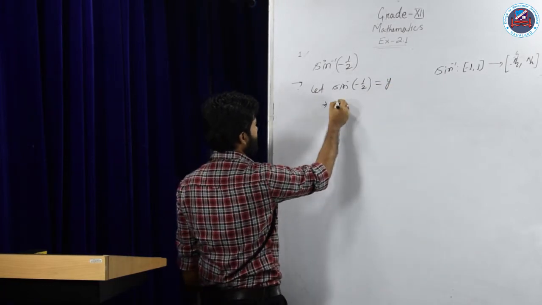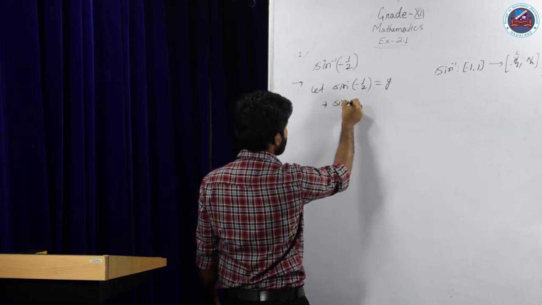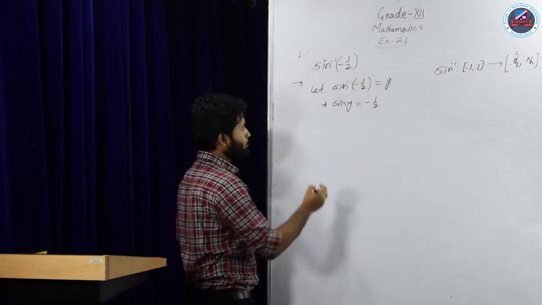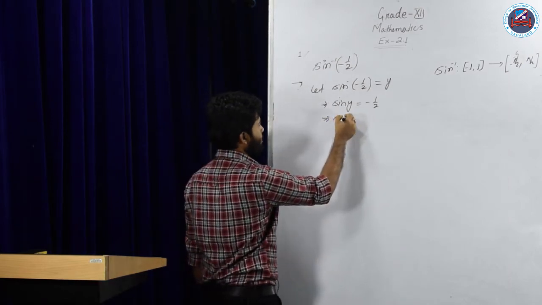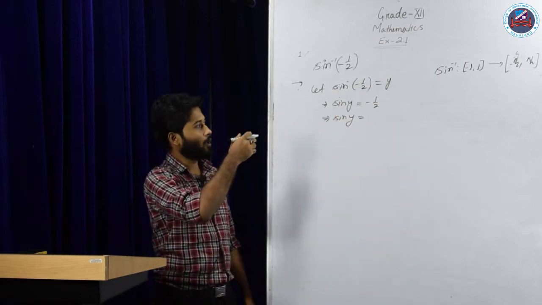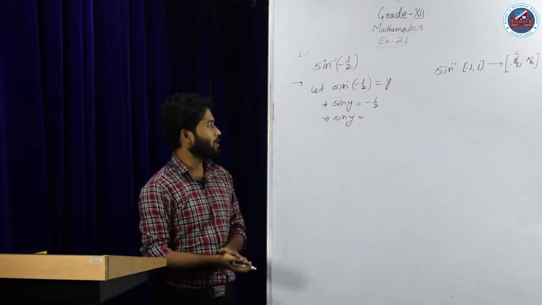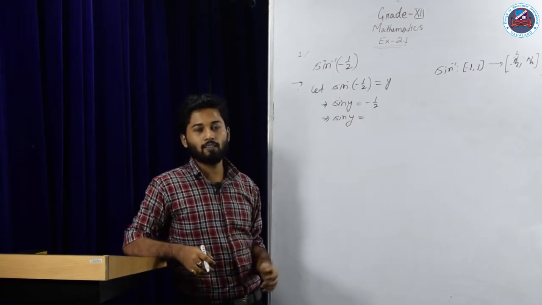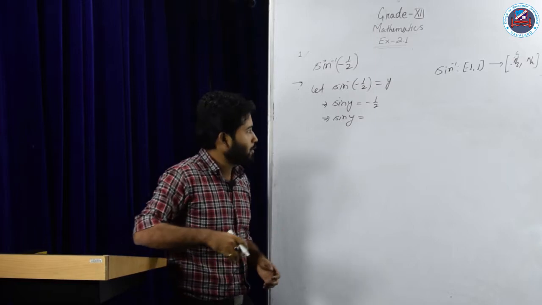Now this can be written as sine of y is equal to minus 1 by 2. Now what is 1 by 2? For what angle do we have sine equal to 1 by 2? That is for pi by 6.